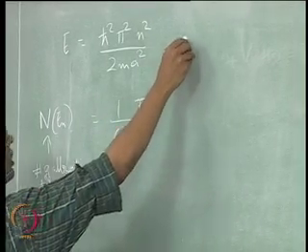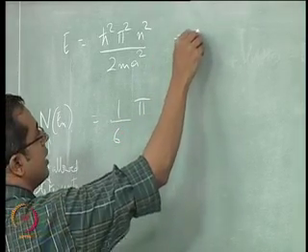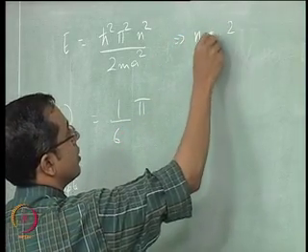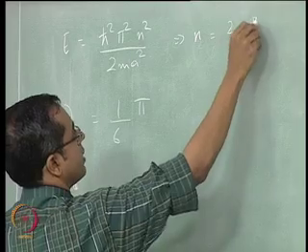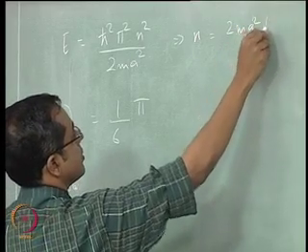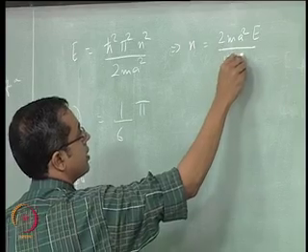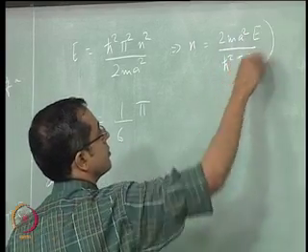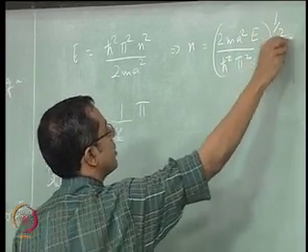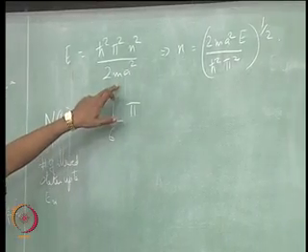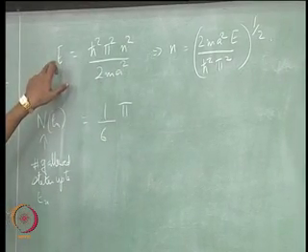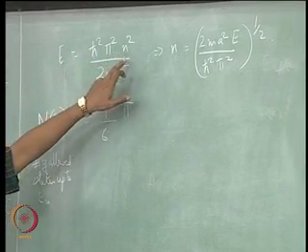n cube we need. So here this implies n is 2 m a square E by h bar square pi square, power half, right. Just rewriting this, the numerator becomes 2 m a square E by h bar square pi square.